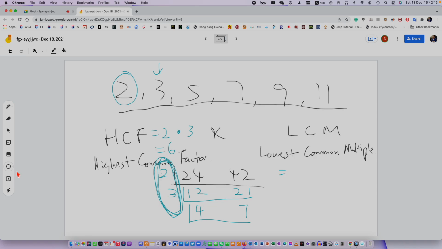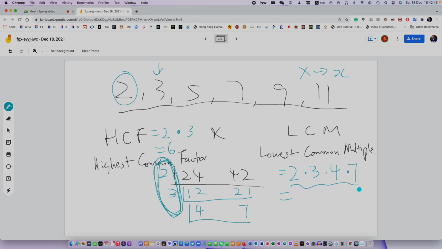So you have a 2, a 3, a 4, and a 7, and then times them together. By the way, this is a dot in the middle, so it's times. I'm not going to use x because sometimes a lot of students confuse themselves with x, so I just use a dot.